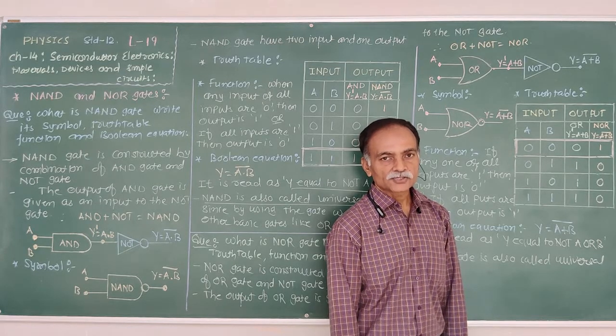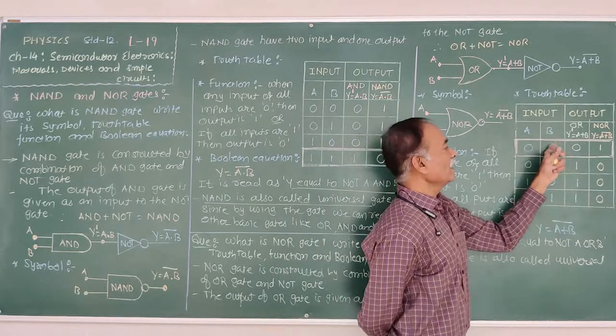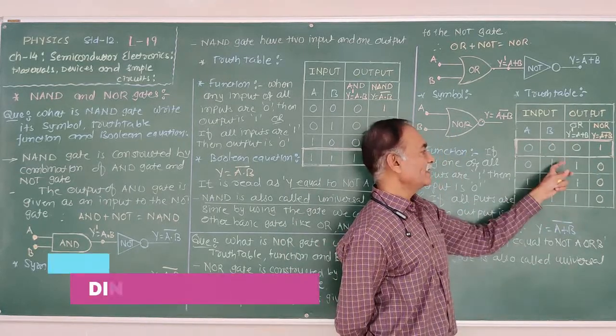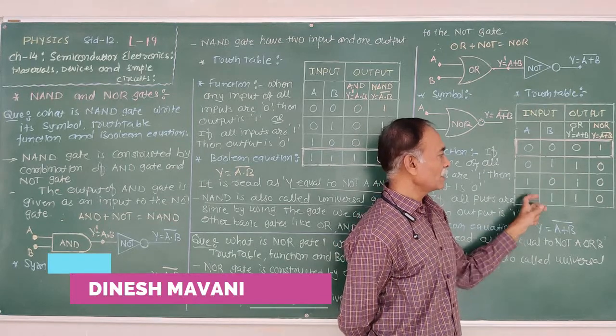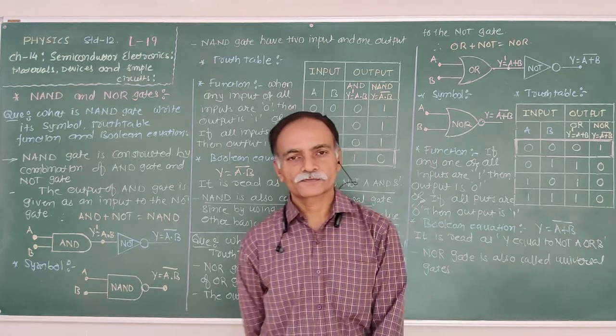So two different manners we can describe the function. One is if all inputs are 0, output is 1. Second is if any one or all inputs are 1, output is 0.